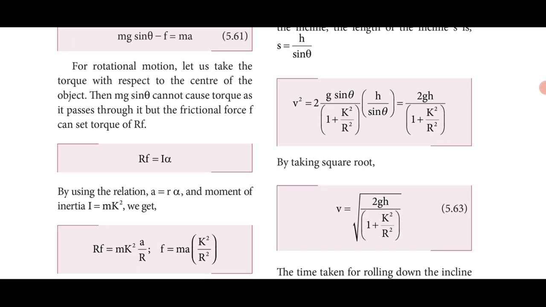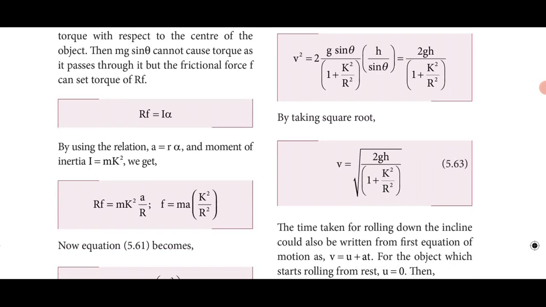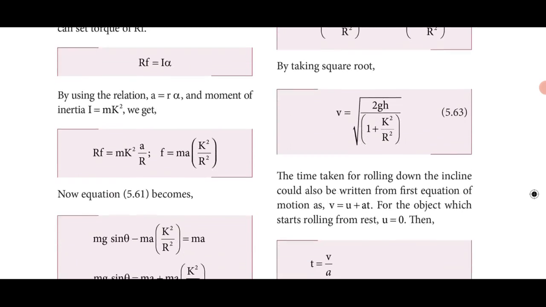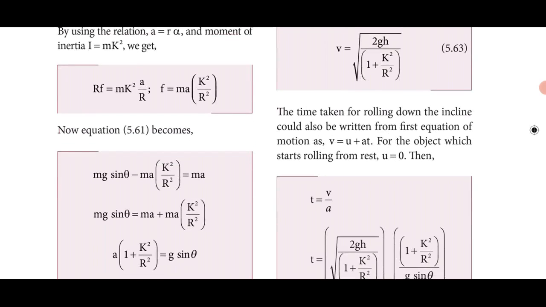So v square is equal to 2 into g sin theta by 1 plus k square by r square, into h by sin theta. Sin theta gets cancelled, so 2gh by 1 plus k square by r square. Taking the square root, v is equal to root of 2gh by 1 plus k square by r square.